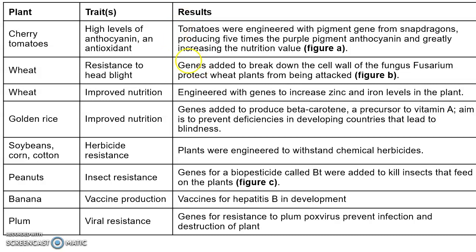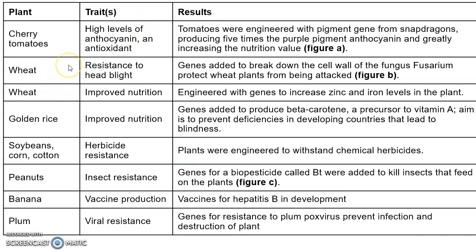In cherry tomatoes, they're modified to have high levels of anthocyanin, which is an antioxidant. The tomatoes were engineered with a pigment gene from snapdragons that produces 5 times the purple anthocyanin pigment, which increases the nutritional value of cherry tomatoes.